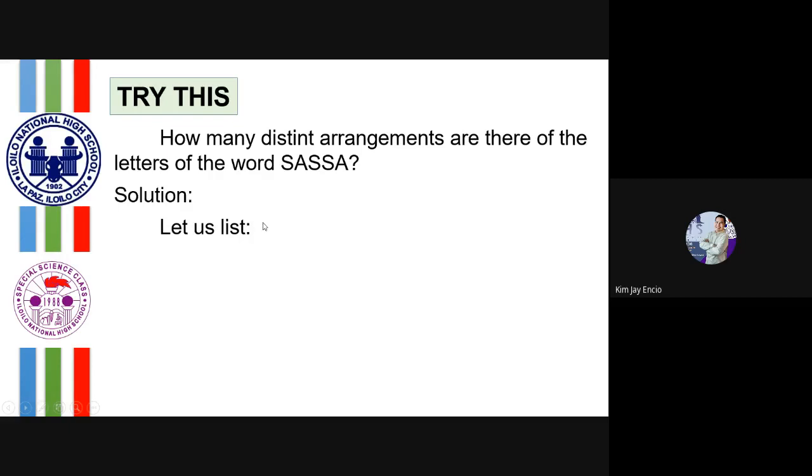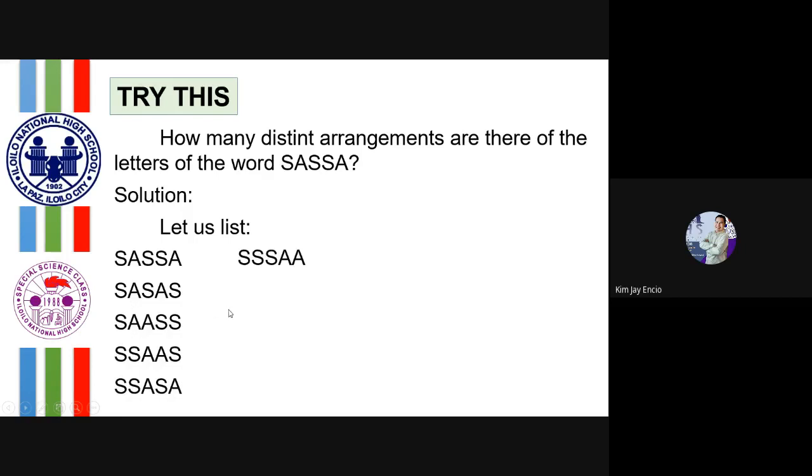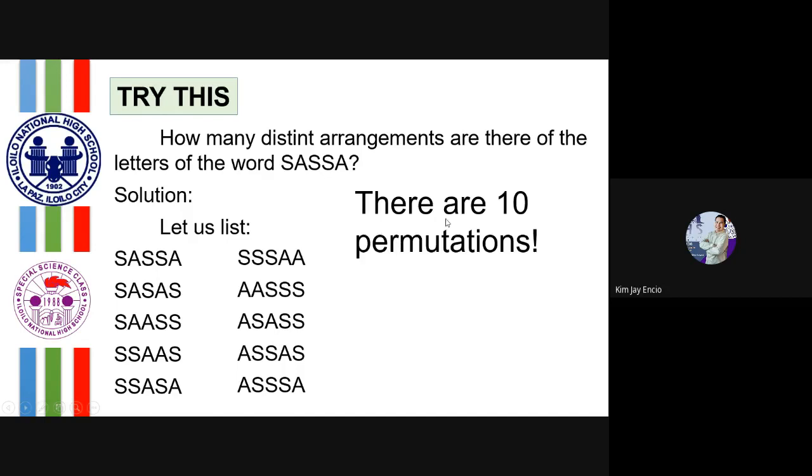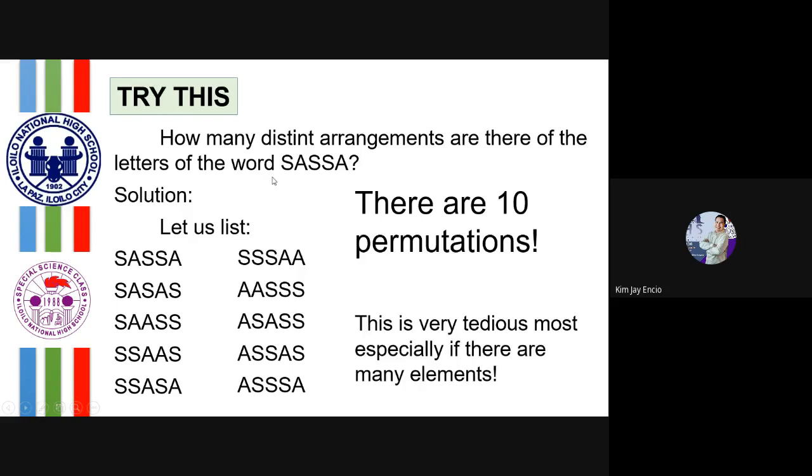Of course, the given word Sasa is one of the arrangements. And here's the second one, the third, the fourth, the fifth, sixth, seventh, eighth, ninth, and 10th. And these are the 10 distinct arrangements, or the 10 distinct permutations, of the word Sasa.